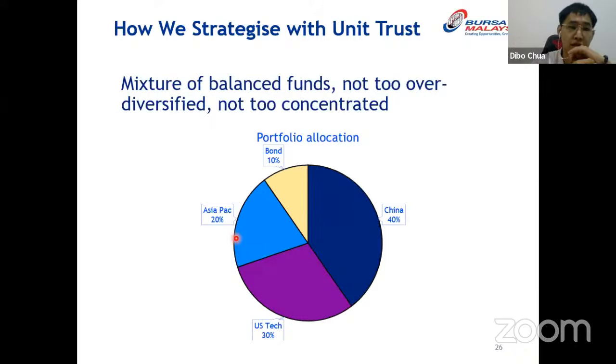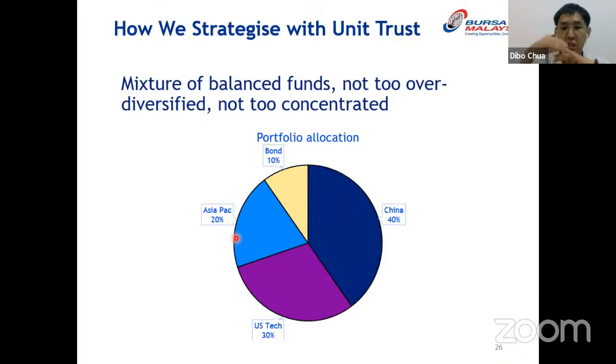Okay, then this is the portfolio allocation, as I mentioned just now, the right diversified portfolio. Okay, a mixture of balanced funds. Okay, not too over diversified, also not too concentrated. Okay, it's very important to understand this, which means you don't have to get like 10 different funds, or maybe 12, 15 or 20.